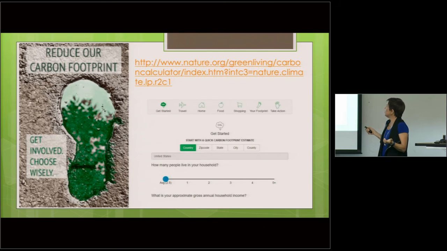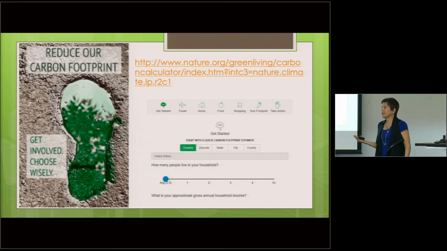Here's one, for example, that you can go to. It asks where you live, how much you fly, do you eat meat, things like that, and it calculates how much carbon emissions you as an individual produce. And it gives you an idea of where you could cut back.